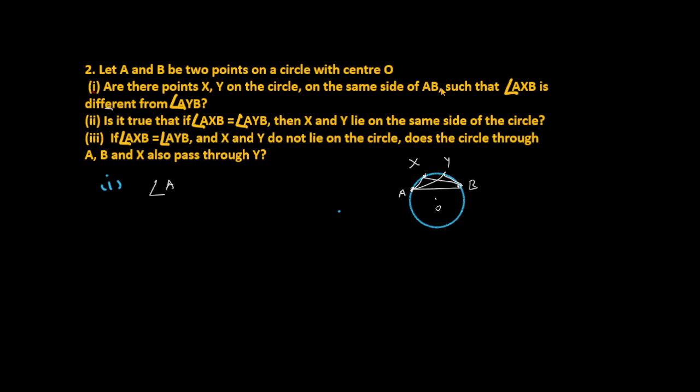Angle AXB is equal to angle AYB. The reason: same segment angles. We know that angles in the same segment are equal. So definitely they will not differ from each other.